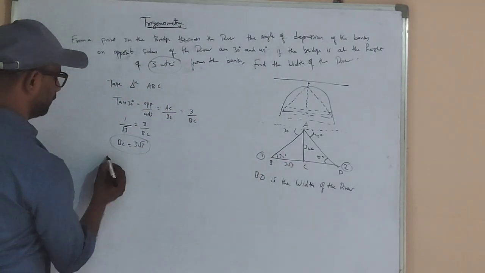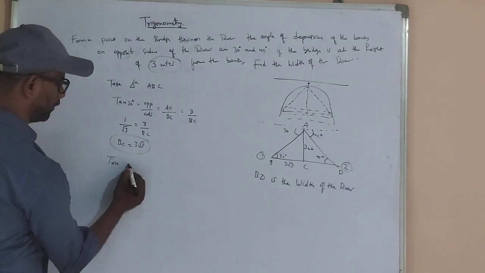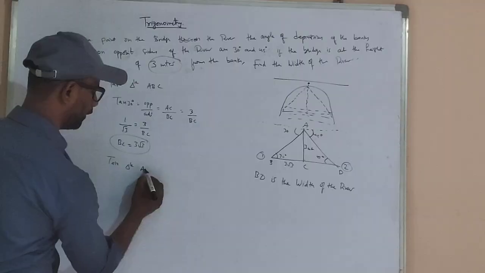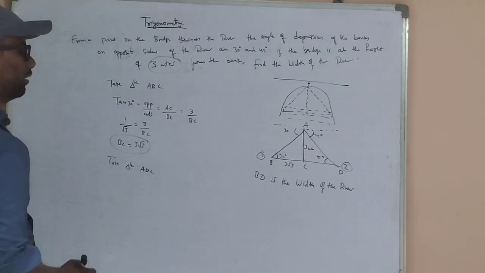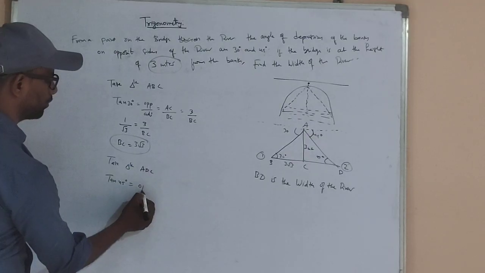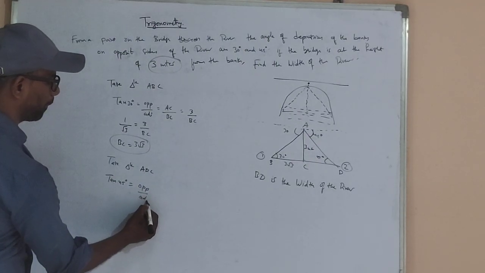Now take another triangle, ADC. Here take tan 45 degrees. Tan 45 degrees is equal to opposite by adjacent.